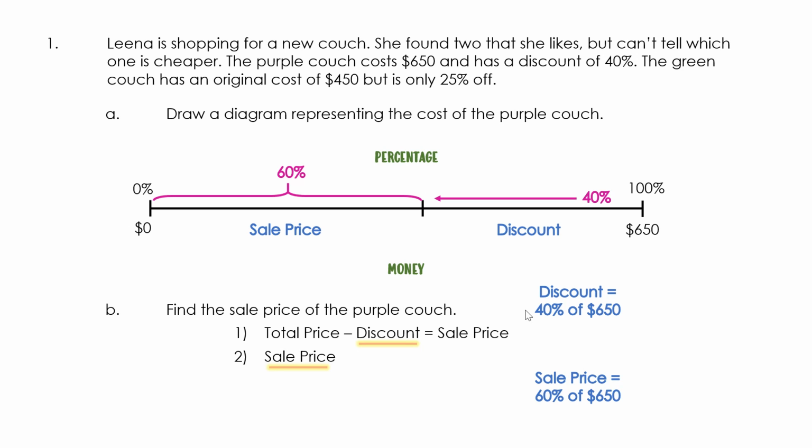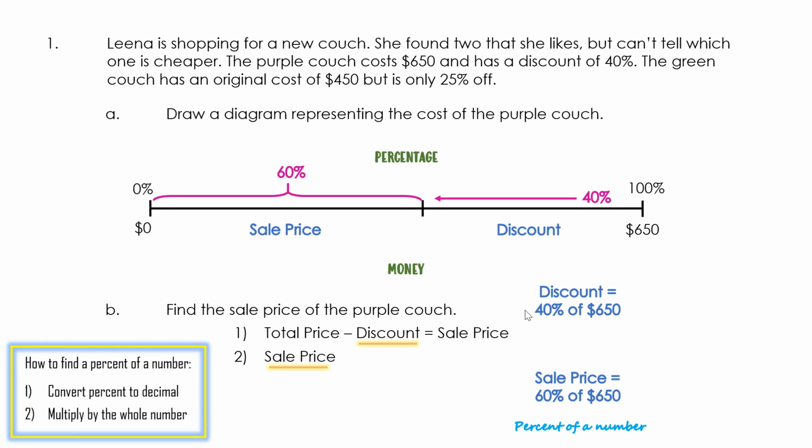To find the percent of a number, we have to convert the percent to a decimal and then multiply that decimal by the whole number. In this case, our whole number is $650, right? That's 100%. So if I want to convert 40% to a decimal, 40% is equal to 40 over 100, or 40 100ths, so 0.40.